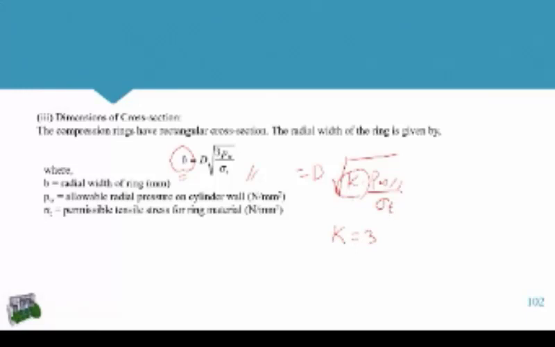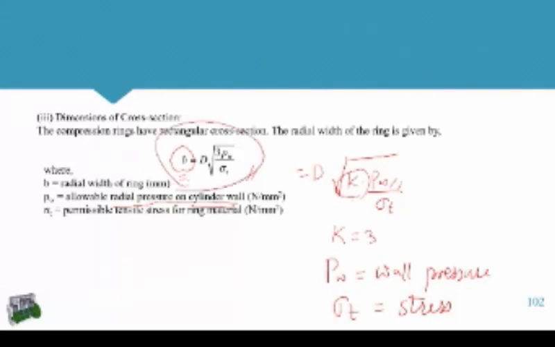Whereas PW is the radial pressure which acts on the cylinder wall, so PW is the radial wall pressure, and sigma T is the allowable tensile stress for the ring material. Okay, so whatever material you have selected, cast iron, chrome plated cast iron or spheroidal cast iron, depending upon that, you have to calculate the value of sigma T. You substitute here and this formula will give you the value of B.